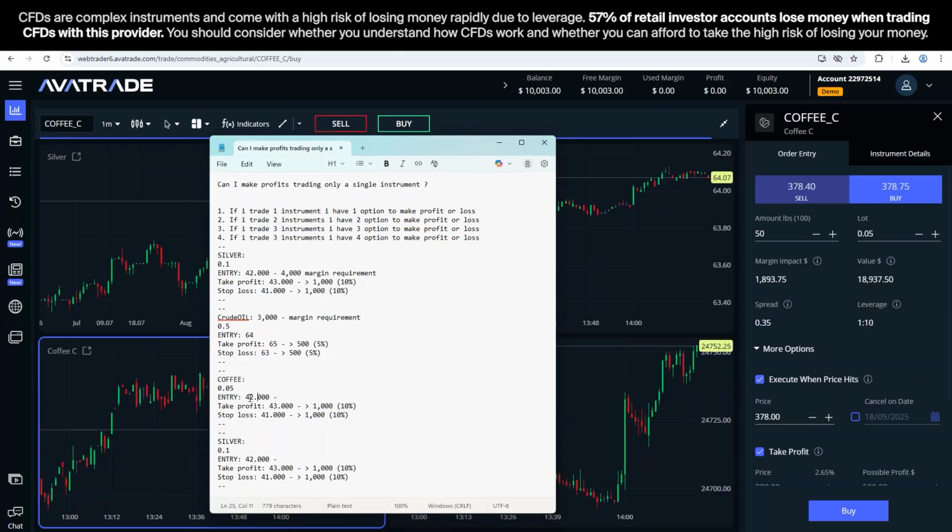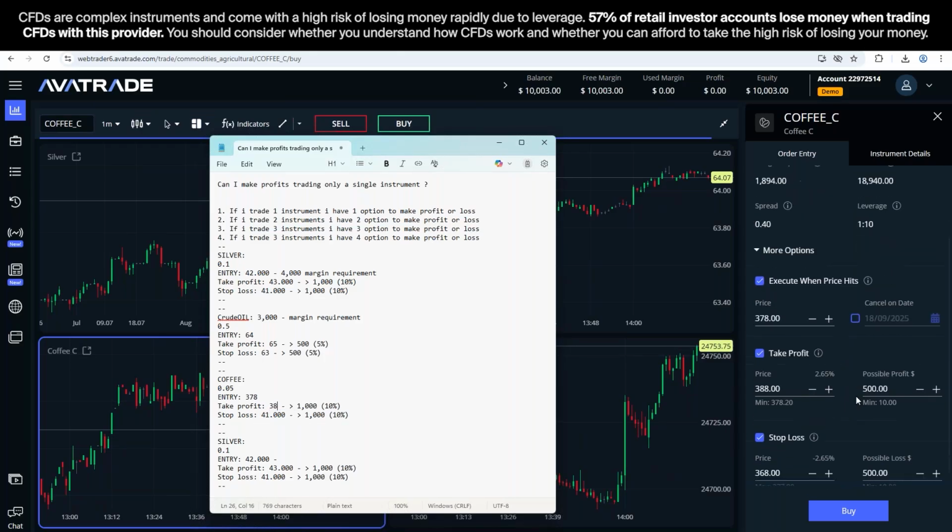Then we've got the entry, which we said was 378. And the take profit is 388. And then the stop loss is going to be 368. This will also represent 5%. So we've got 5 here and 5 there. And that's great.